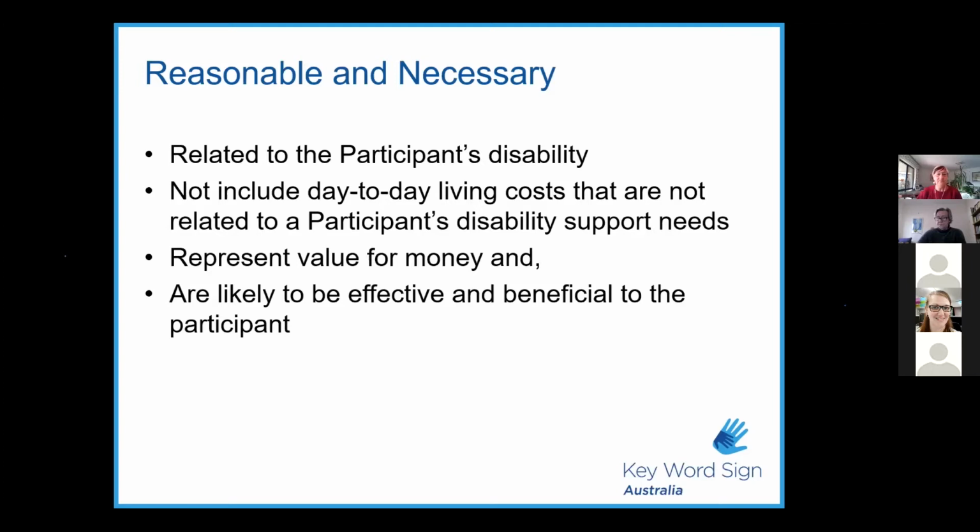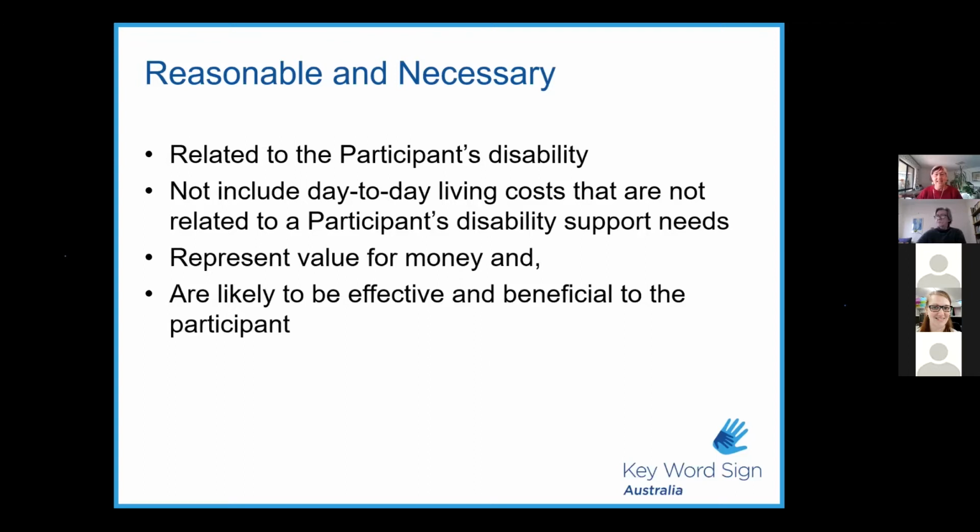And then it's basically decision-making between families and the providers to work out what's going to achieve the best bang for the buck. That can vary, but usually if interventions are evidence-based, then there's less concern from the NDIS about value for money. And also it's important that they are going to be effective and beneficial to the participant.